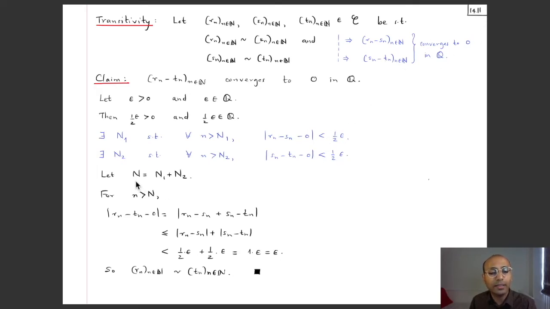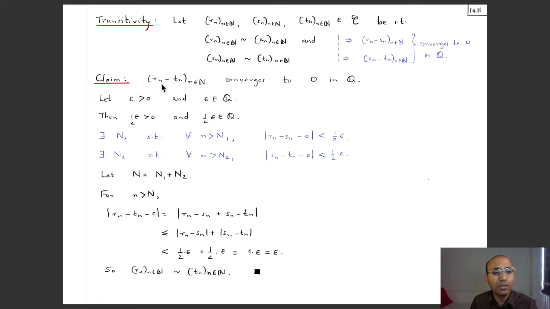Now let us take this capital N to be equal to N1 plus N2, and then for any little n which is bigger than capital N, we will have in particular that this little n is bigger than N1 so that this holds, and this little n will also be bigger than N2 so that this also holds.